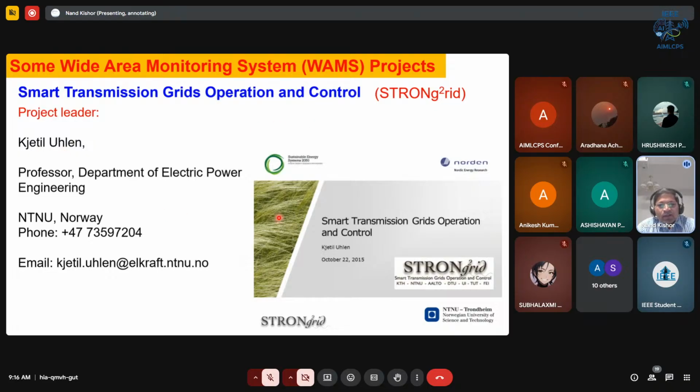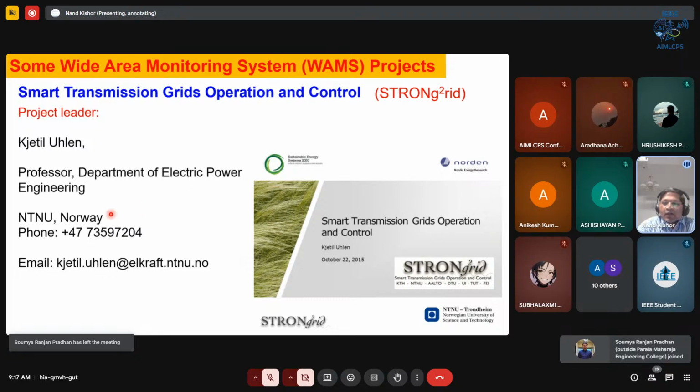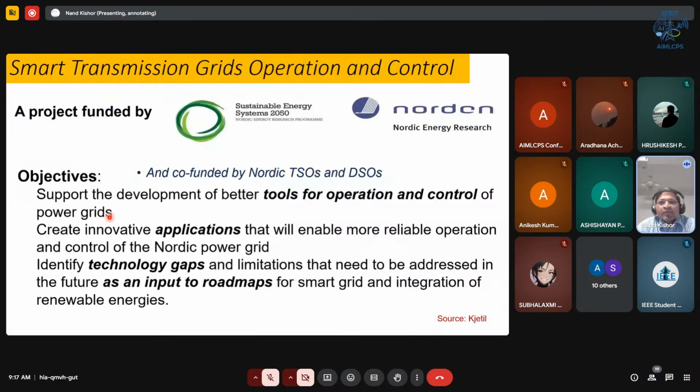It was about a decade back, and it was funded by Nordic Energy Research as a part of Sustainable Energy Systems 2050, and also by the Nordic TSOs and DSOs. I refer to some of the results out of this project.